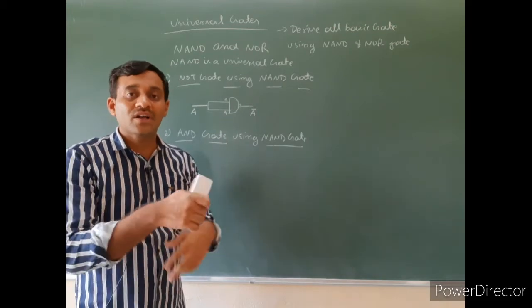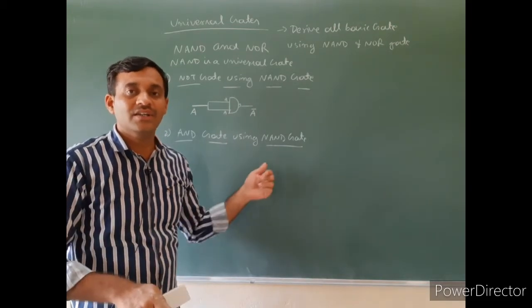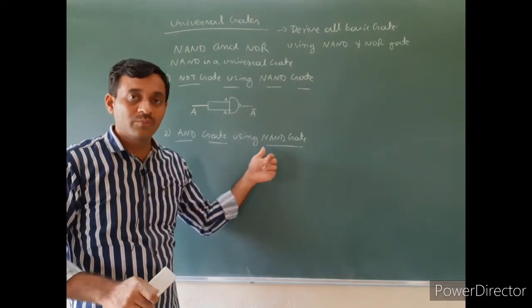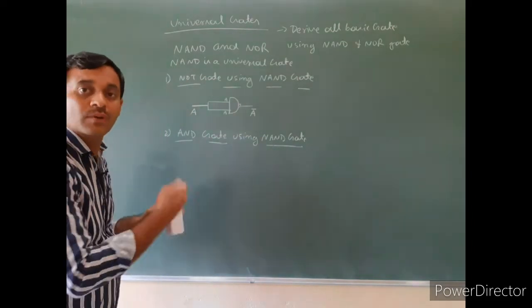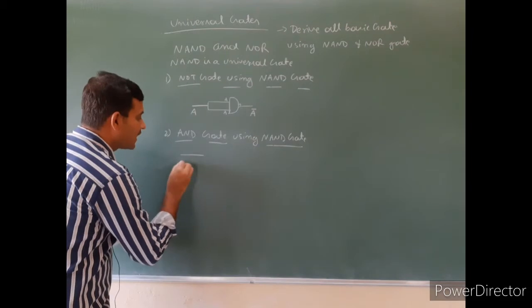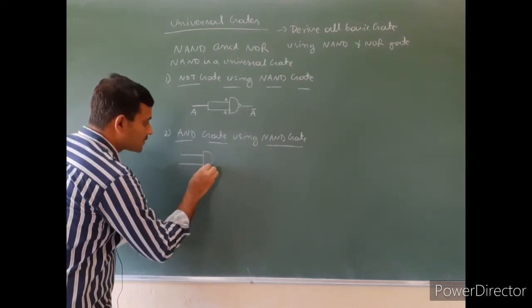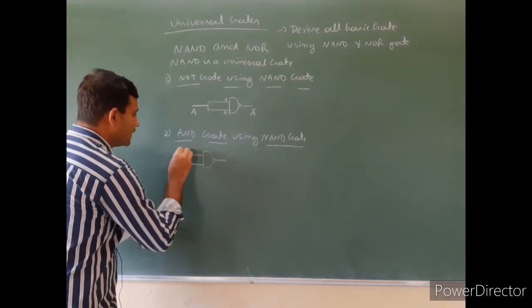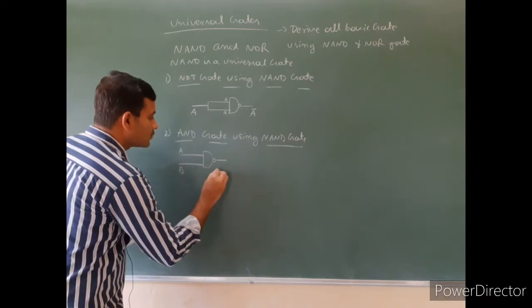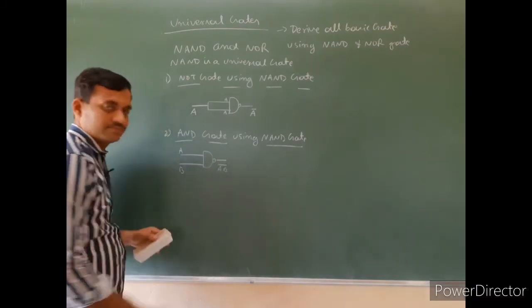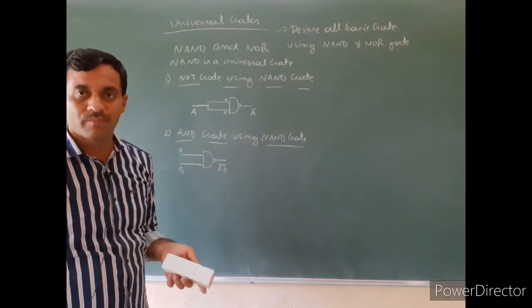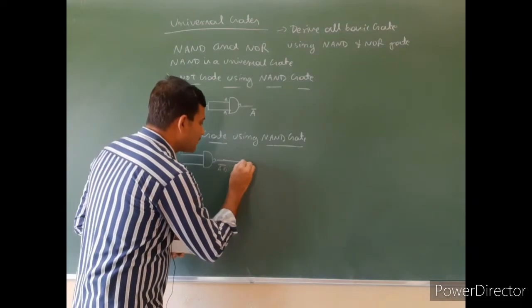Hence, if we double complement the NAND gate, we get the output of the AND gate. How to double complement? First write the NAND gate. The NAND gate accepts two or more input signals. If the inputs are A and B, then the output is (A into B) bar. Then double complement it.